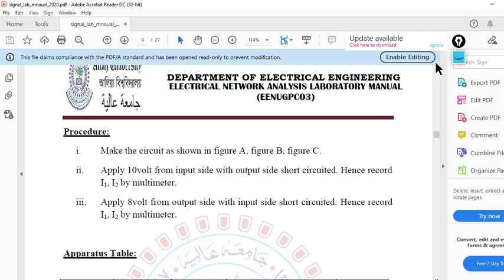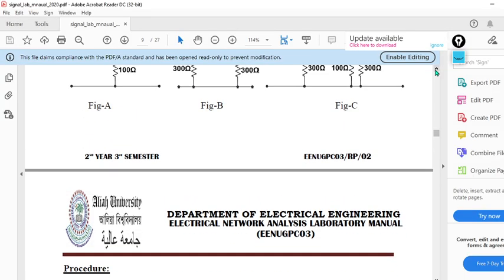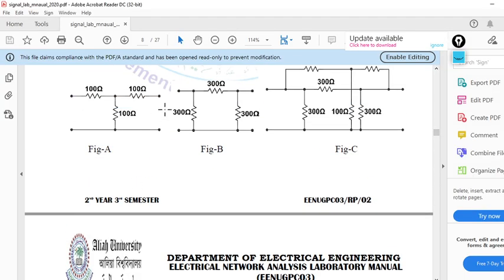So what you have to do here, in the same circuit, is short circuit it here. And how to short circuit? You can take a wire. But what will happen if we connect a wire here? Resistance will increase due to this wire. So another thing you can do is take this port and connect it here.